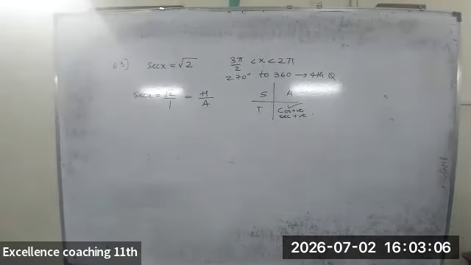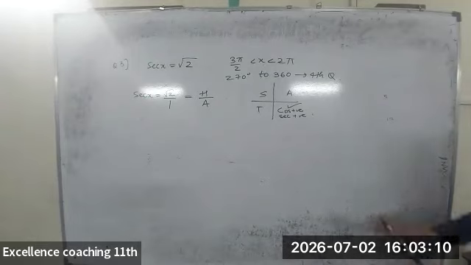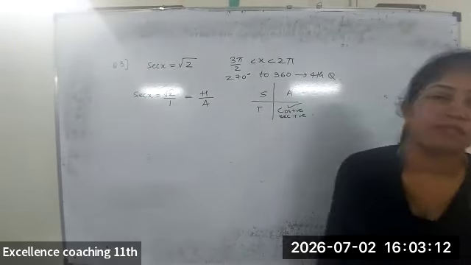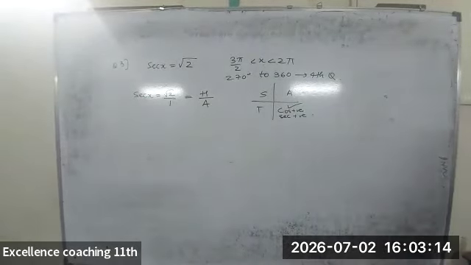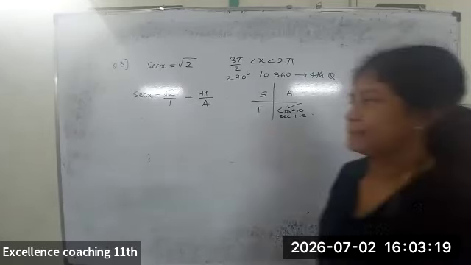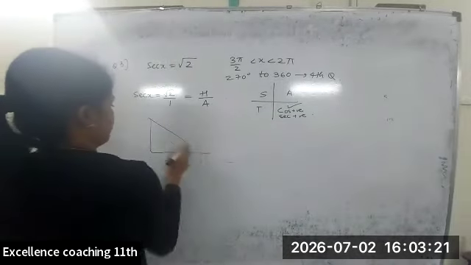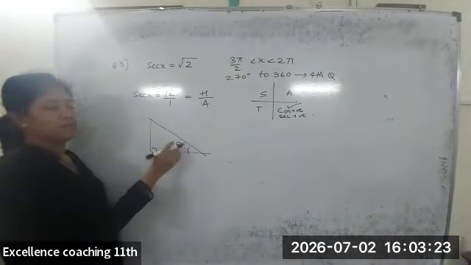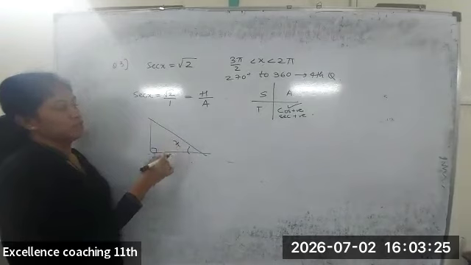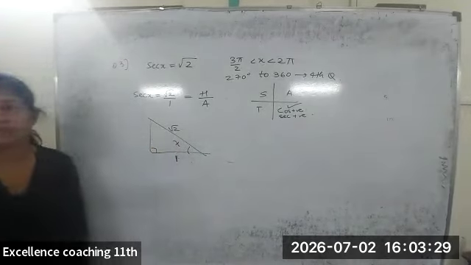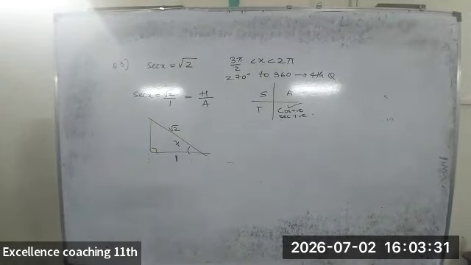Anytime like this, if only one term is there and the denominator is not there, take it as 1. Now complete the triangle. Draw a right angle triangle, put theta anywhere, depends on you, or x you have to put.